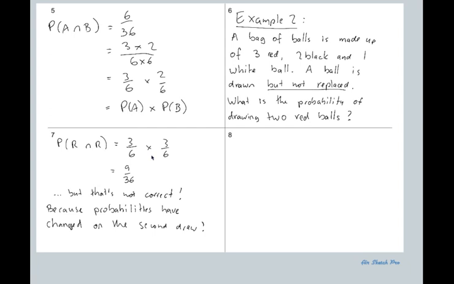Probabilities have changed on the second draw, because when I want to pull out a red ball on the second draw, I've got only 2 red balls from which to choose, and there's only 5 balls left in the sack. Okay, or the bag.